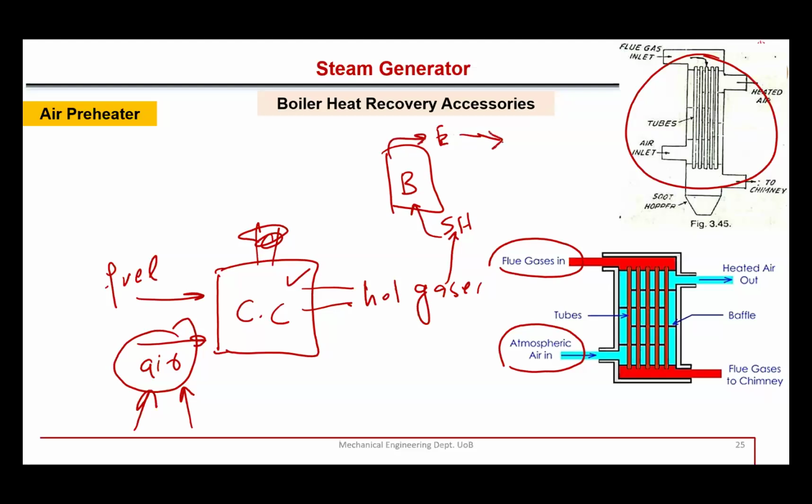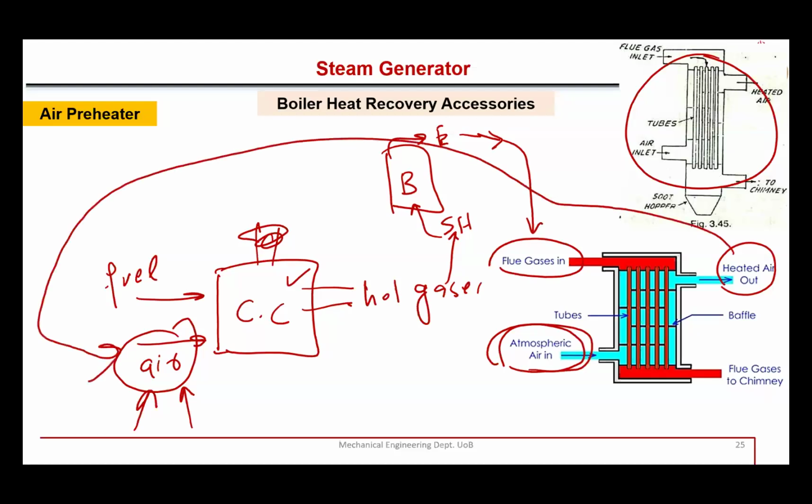But their temperature is still high enough, so they can be used here before leaving into the ambient through the chimney. Those hot gases can be used to preheat the air, which is then used in the combustion chamber. So this is called an air preheater. In some boilers, air preheaters are also used, and they preheat the air supplied to the furnace or combustion chamber.